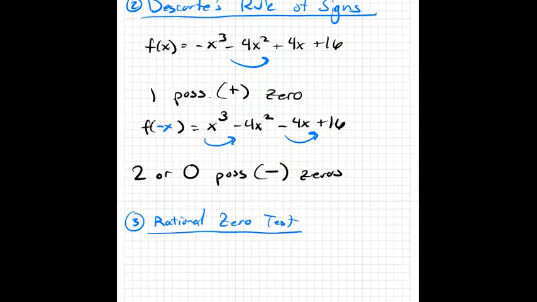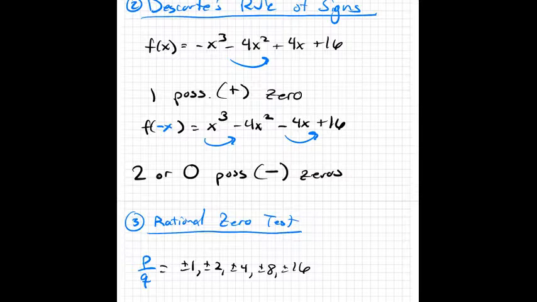If we do our p over q, where p are the factors of the constant term, in this case the constant term being 16, the factors of 16 are going to be plus or minus 1, 2, 4, 8, and 16. So if this polynomial has any rational zeros, it's going to be somewhere in this list.